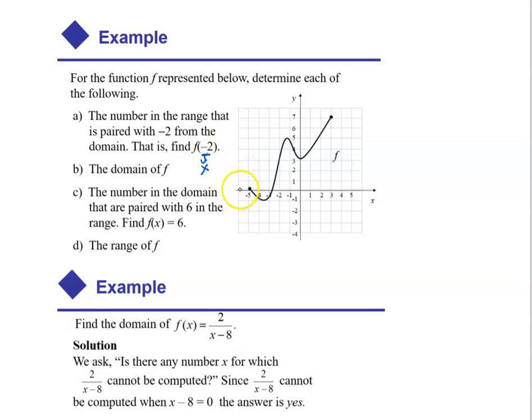So f of -2 is saying when x is equal to -2, what is y? If you go to -2 and go up to your graph, it looks like we would have a coordinate at -2, 3. So the answer to this would be 3.